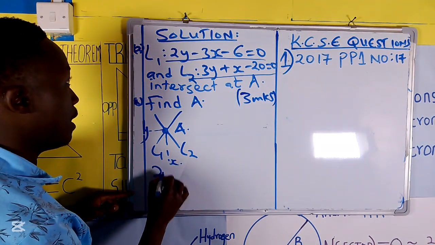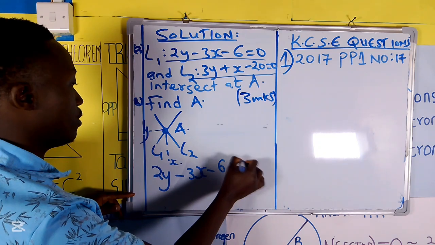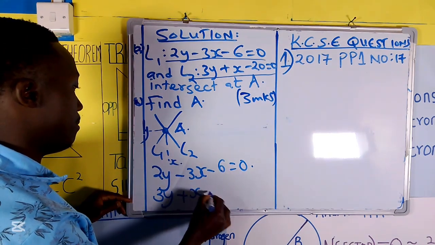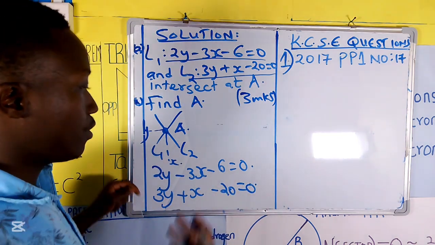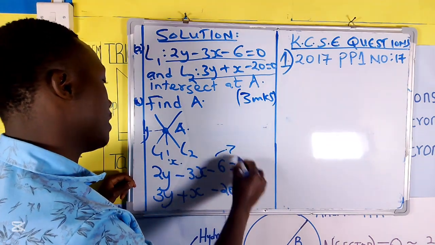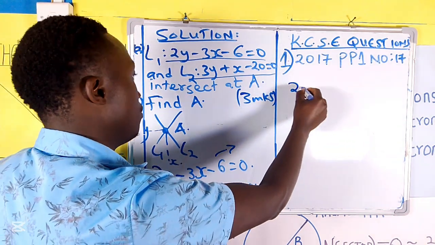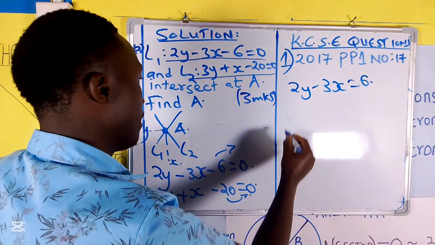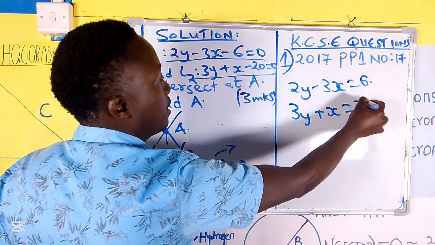So we have 2y minus 3x minus 6 is equal to 0, and here we have 3y plus x minus 20 is equal to 0. So we will now solve the two equations. We will take the constant to the other side of the equal sign, and we will be left with 2y minus 3x is equal to 6, and 3y plus x is equal to 20.